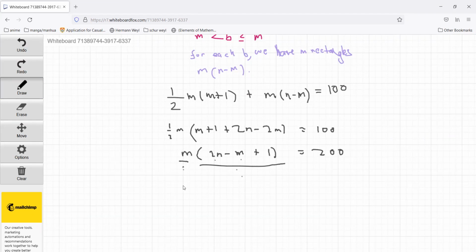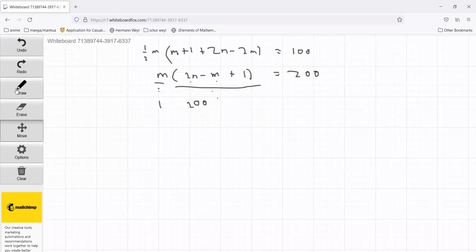So what are the possible factors? We have 1, 200. 2 and 100, that doesn't work, because those are both even. 3 is not divisible. 4 and 50, again, doesn't work because those are both even. 5 and 40.